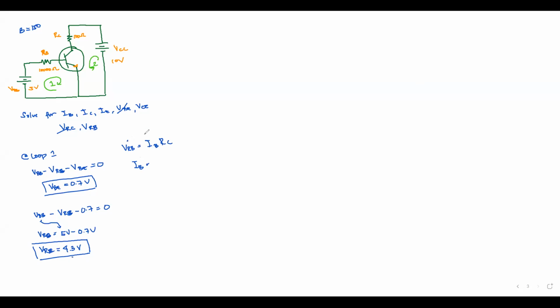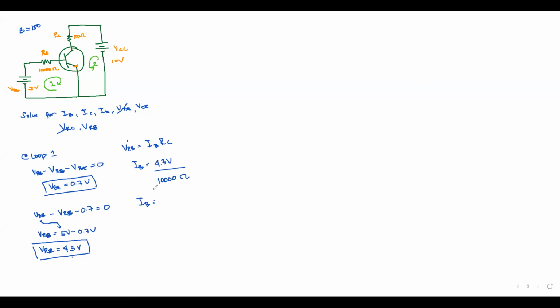We get it from here. So this is now 4.3 volts divided by 10,000 ohms. I sub B now is equal to 4.3 divided by 10,000.